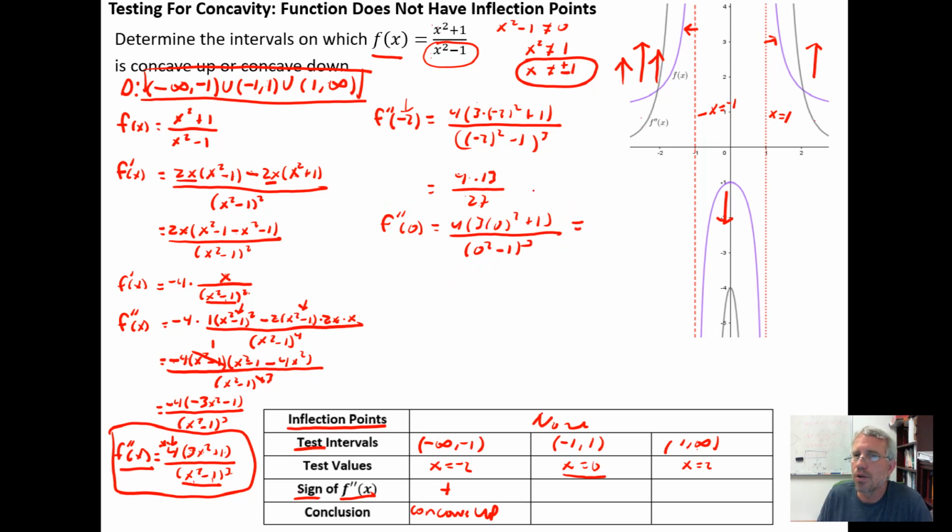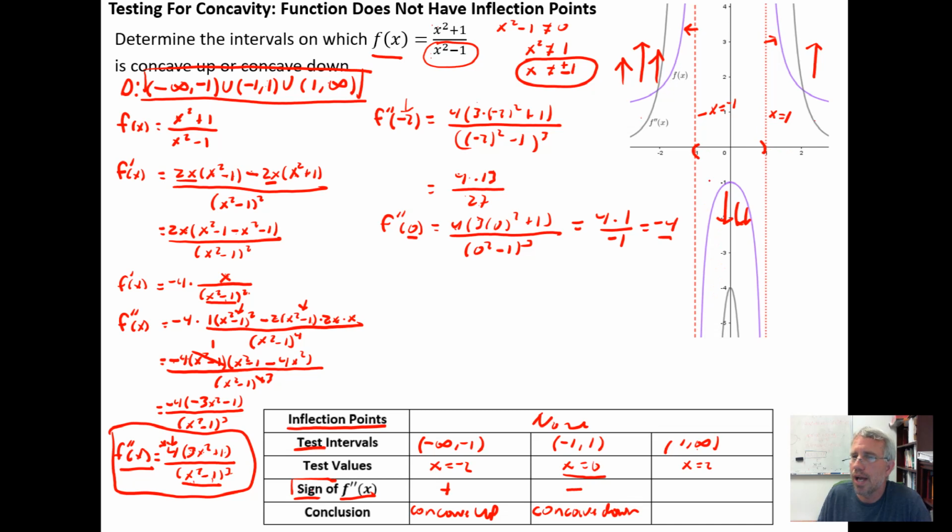If we crunch these numbers, we get 4 times 3 times 0 squared is 0 plus 1 is 1 over 0 minus 1 cubed, which is negative 1 cubed, is negative 1, so just negative 4. So the second derivative evaluated at 0 is negative. So the sign of the second derivative on our test interval is negative, and we conclude that our graph must be concave down as a result, and that matches the graphical evidence that we have between negative 1 and 1.